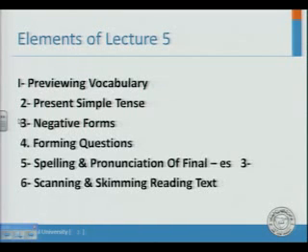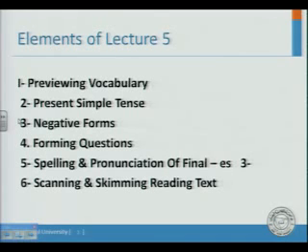And finally, or before the last element, we will take the spelling and the pronunciation of the final S when it comes after a word, whether it is a verb or a noun.